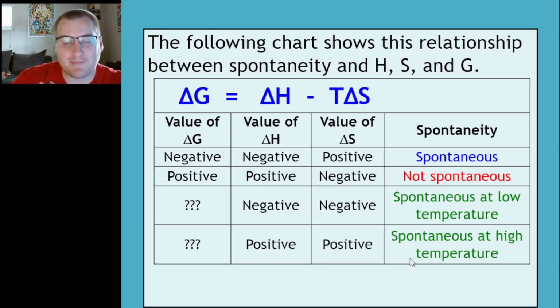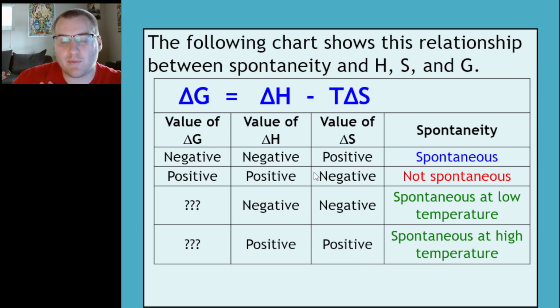Positive, positive will be spontaneous at high temperatures. T is temperature, and it's going to affect if it's positive or negative because you multiply it by the entropy. At high temperatures, entropy becomes the more important quantity because it's multiplied by a really large number. But at low temperatures, H is going to be the more important quantity, so its sign is going to affect the value.